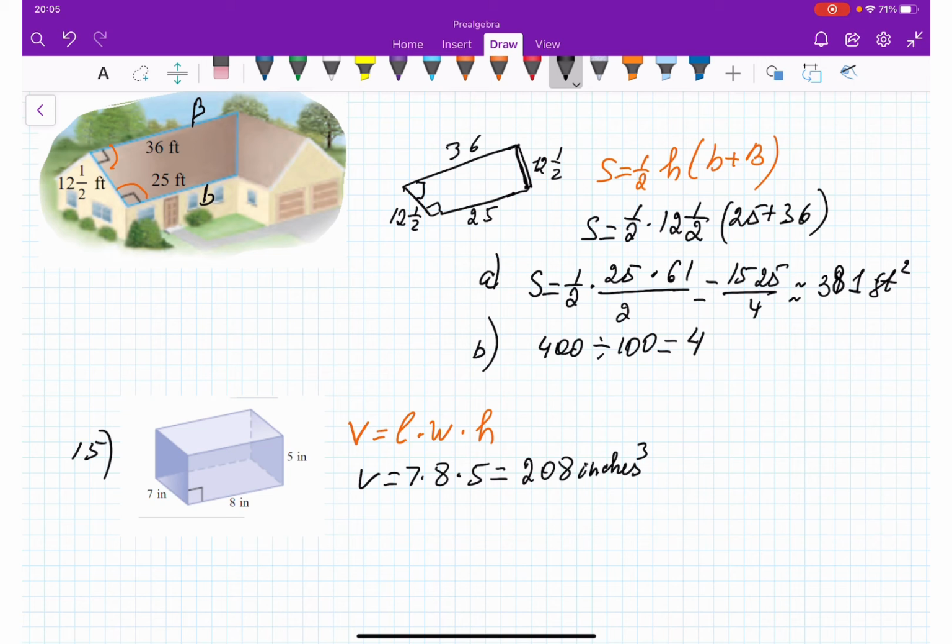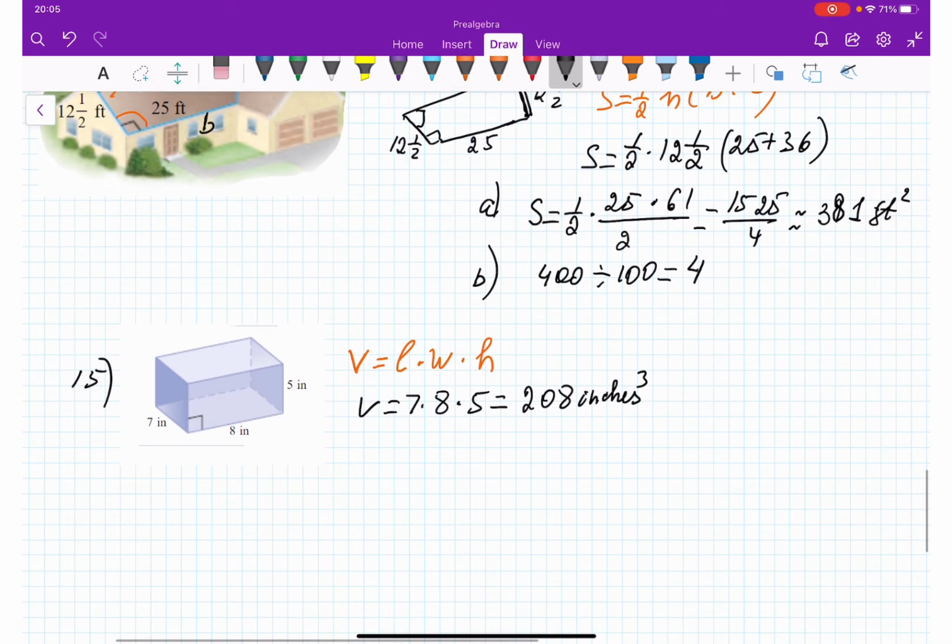Okay, inch cubed. Now square inches, the surface of the solid. So we need to find the surface. So let's find this area for this surface. There are 2 of them, right?